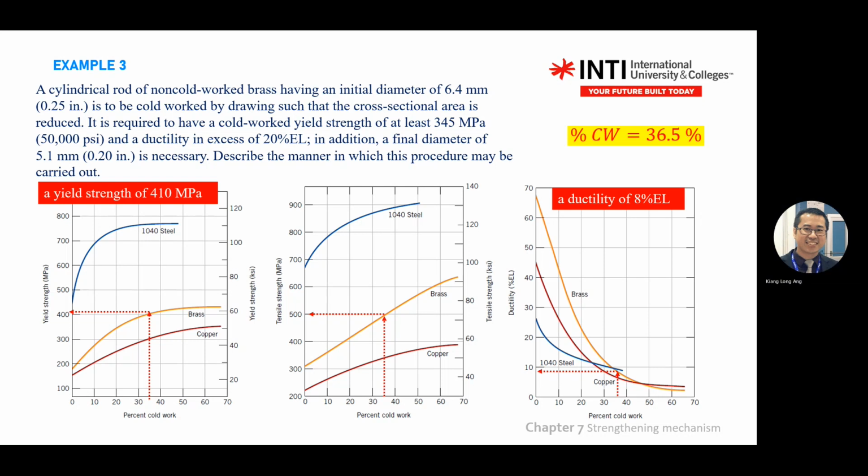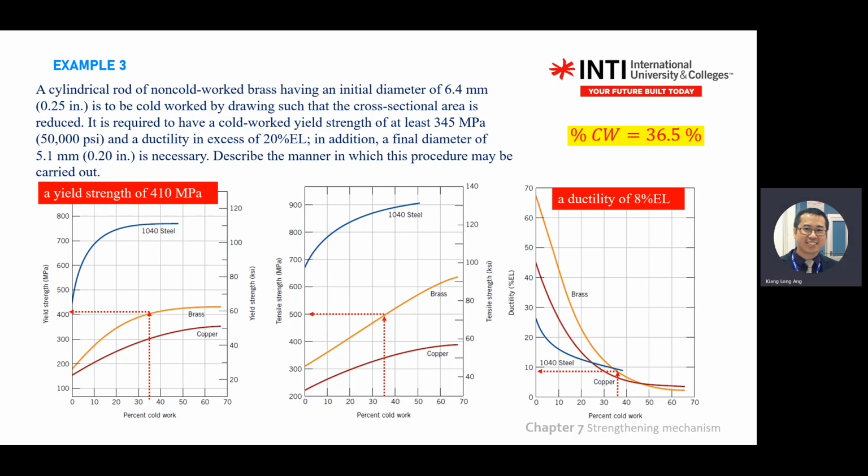This one is too high, right? So you can reduce this one lower, because this is the final diameter, you cannot change already. And the yield strength here, when you reduce, you're still meeting the customer requirement. You don't want to touch this one.